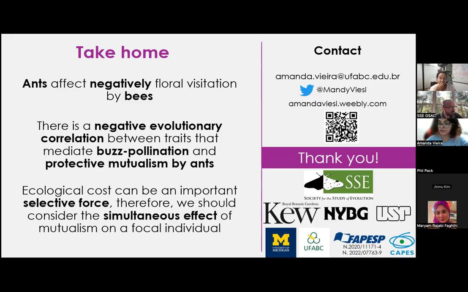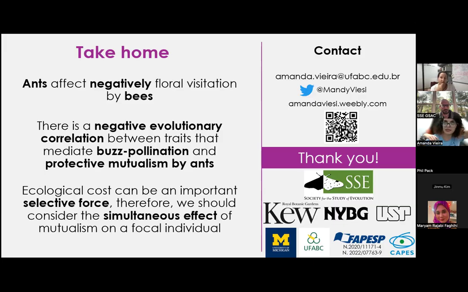So I didn't look at the effect of ants on different bee species. In the meta-analysis that I showed you, I can't remember the number of bee species, but probably some bumblebee species and honeybee species are the ones mostly studied. So I considered that ants could have an effect on all bees, and that this effect could be the same.